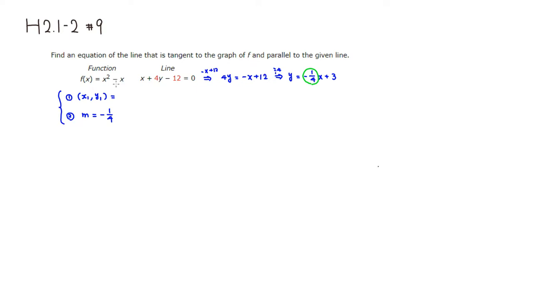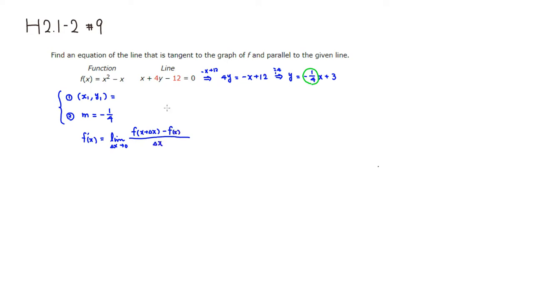We're going to go ahead and find the derivative of f of x. So f prime of x. I'm going to use the definition here. It's going to be the limit as delta x approaches 0 of f of x plus delta x minus f of x, over delta x.